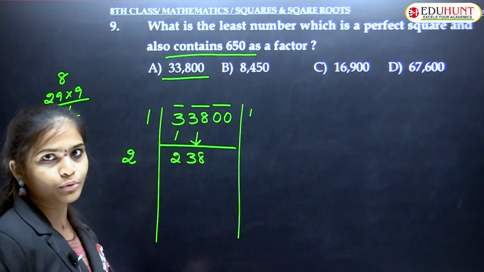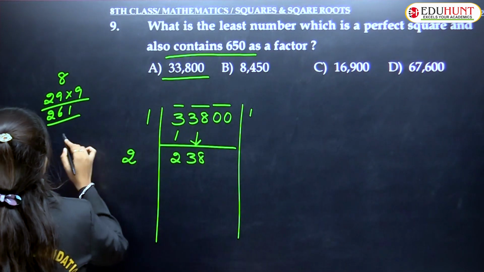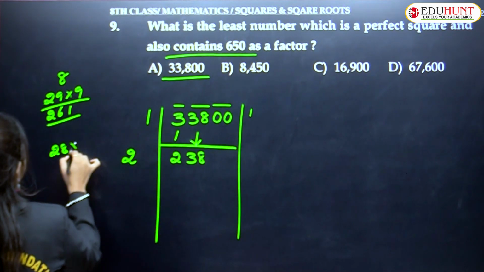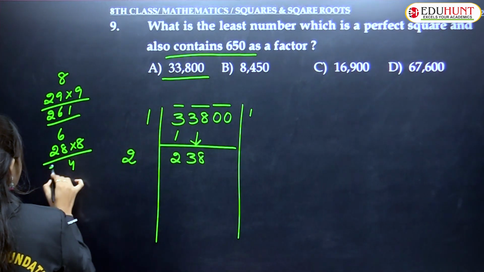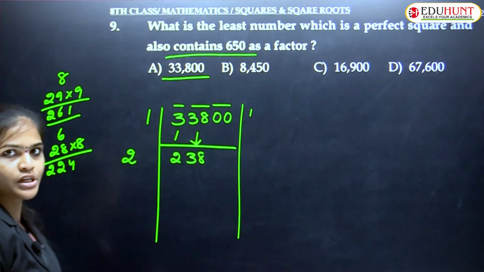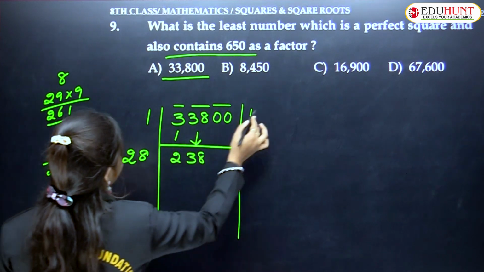That is more than 238. So take 28 into 8: 8 8s are 64, 8 2s are 16 plus 6 is 22. This is sufficient, so take 8 here and 8 here.